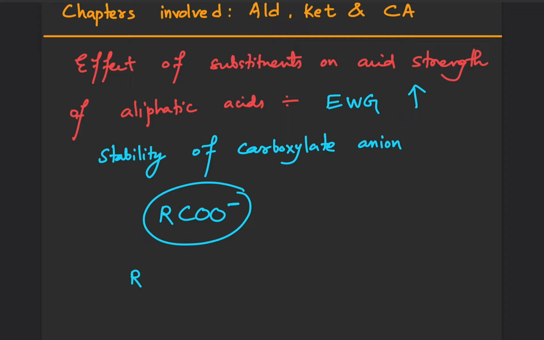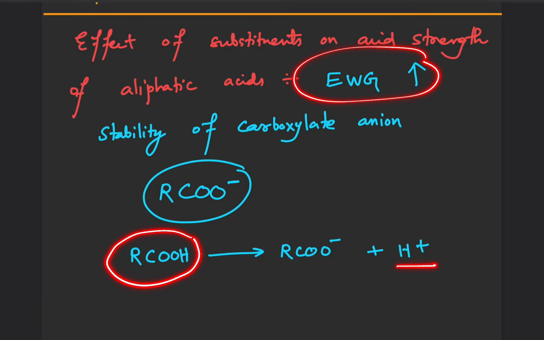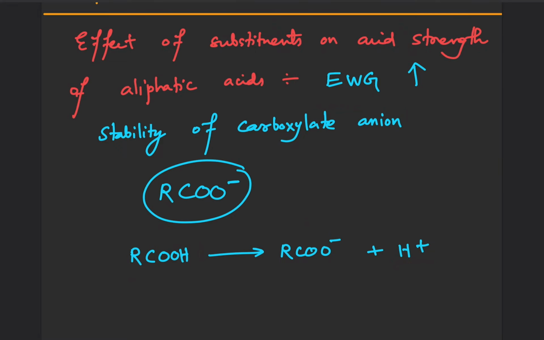For example, RCOOH, when it loses its H plus, forms RCOO minus plus H plus. So when the acid is showing its acidic behavior, these groups increase the stability of the product that it has formed, by dispersing the negative charge, and therefore they increase the acidity.